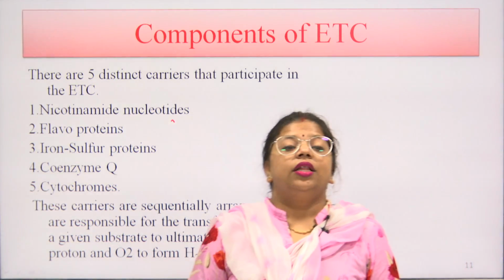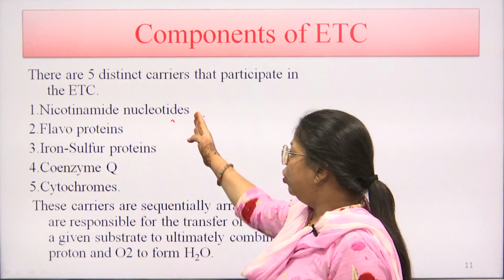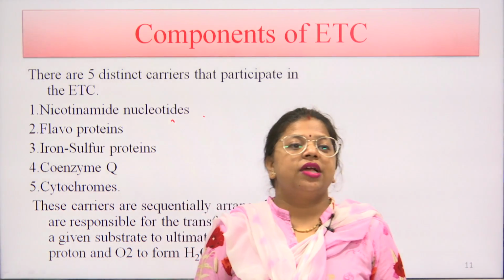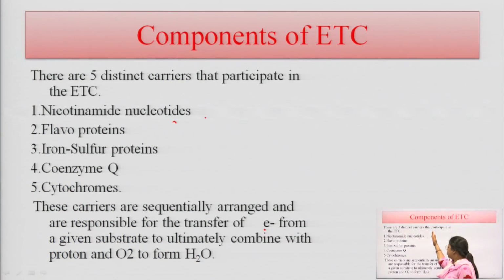The components of the electron transport chain are the nicotinamide nucleotides, flavoproteins, iron sulfur proteins, coenzyme Q and cytochromes. These are responsible for the transfer of electrons from the pathways, and these electrons are ultimately combined with oxygen to form water.